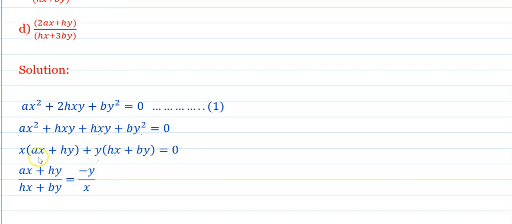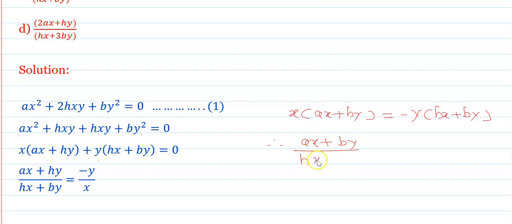Okay. Now here again there is a ax plus hy, keep it as it is here, and take this term to the right hand side, or I can simplify like this here, x into ax plus hy, that is equals to minus y in bracket hx plus by, and therefore we can write here ax plus hy upon hx plus by, and that is equals to minus y upon x.